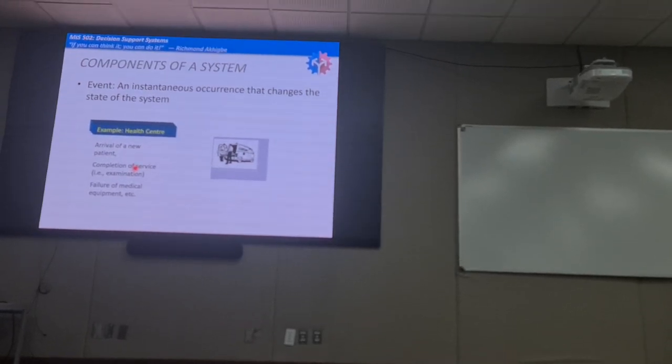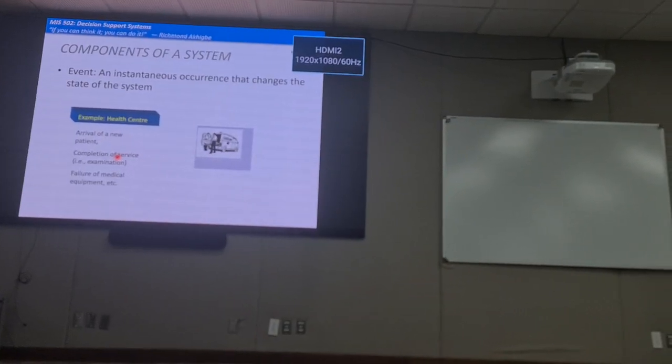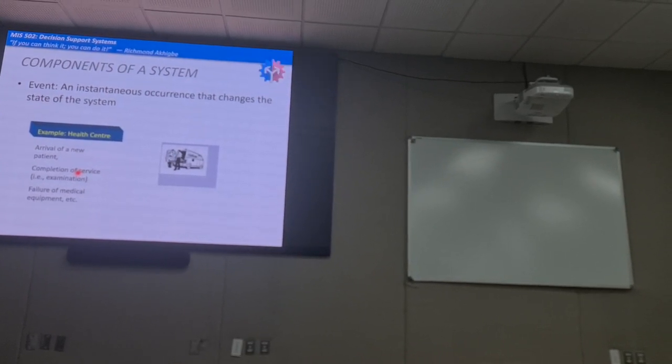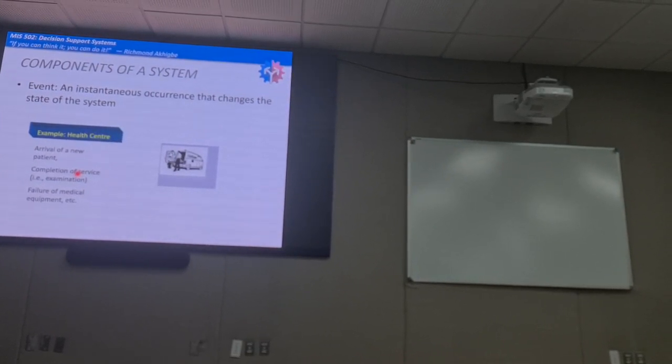An event is... when you're sitting with a doctor, is there an event happening at that stage? The answer is no. When you're paying the cashier and one item is scanned, then a second item is scanned, is that an event? No, the answer is no, in queuing language. An event is something that changes the state of the system.